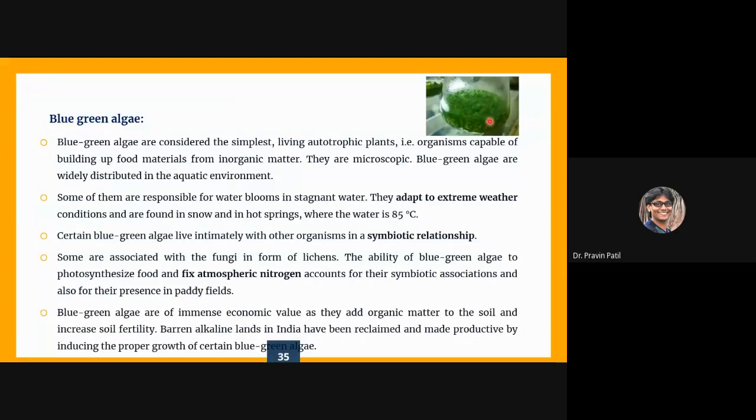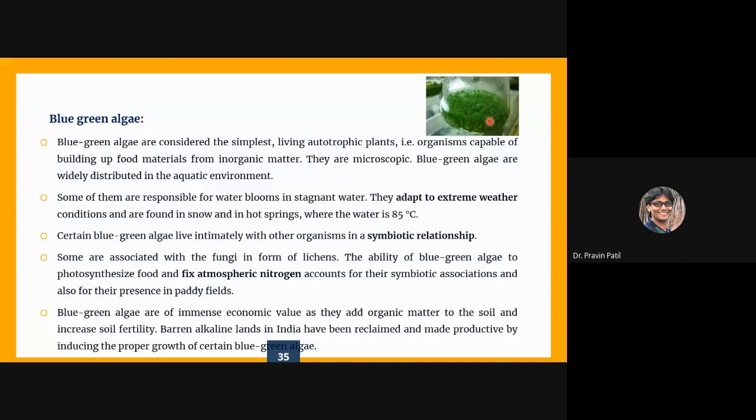They have a symbiotic association with the plant around which they are growing. And what happens is that blue-green algae have the ability to photosynthesize food and fix atmospheric nitrogen during their symbiotic association. Okay, as we all know, these are autotrophic organisms.